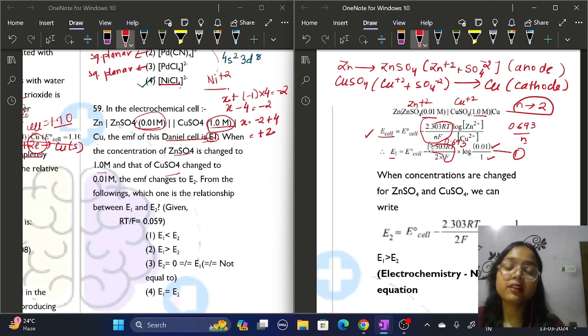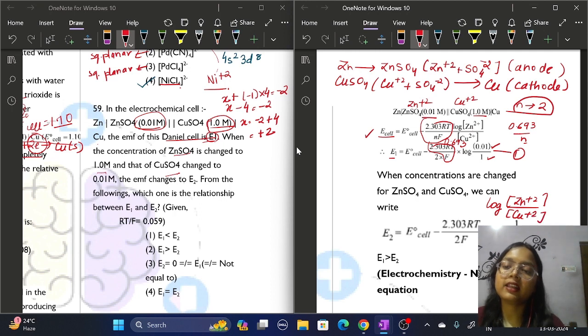It is given in the question to interchange the concentration between the two cells, like where the Zn plus 2 cell is 0.01. So now, here it is log of Zn plus 2 concentration by Cu plus 2.